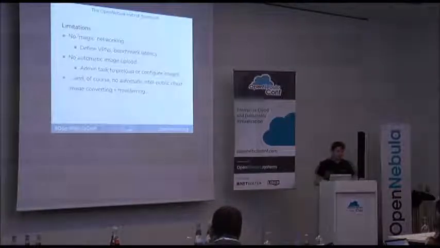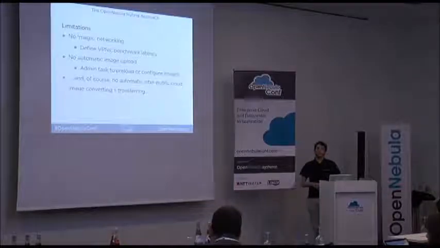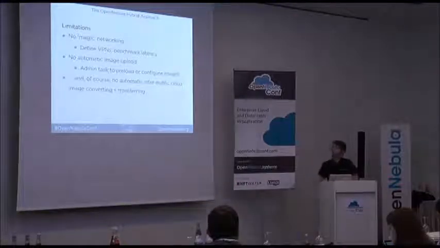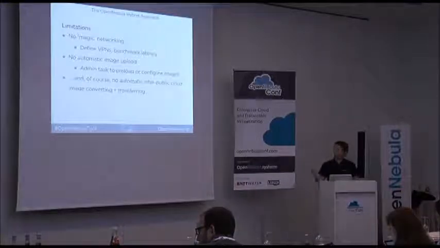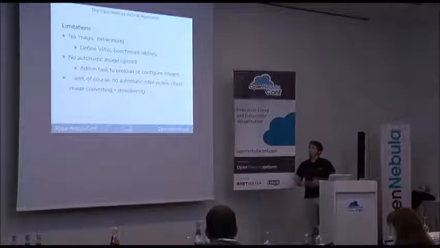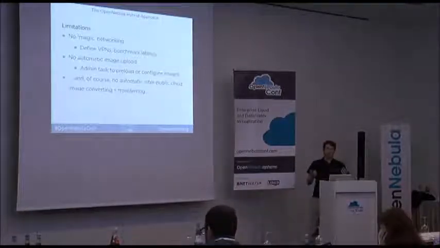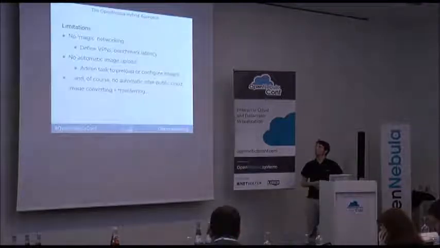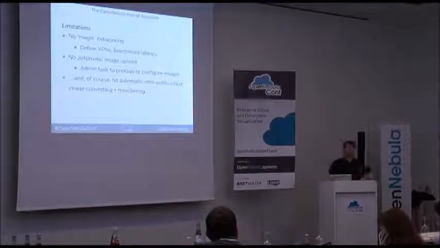So OpenNebula allows you to define these types of policies, but at the end of the day, it depends on the service that you want to deploy with OpenNebula, and decide if this possibility of growing in Amazon or SoftLayer or Azure is something that your service can take or not. Okay, so this is networking.